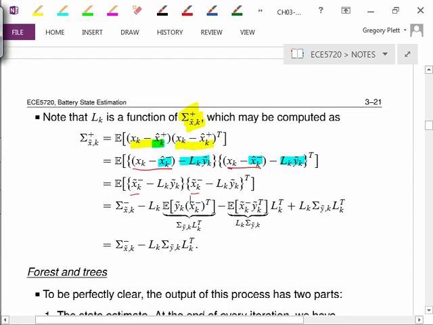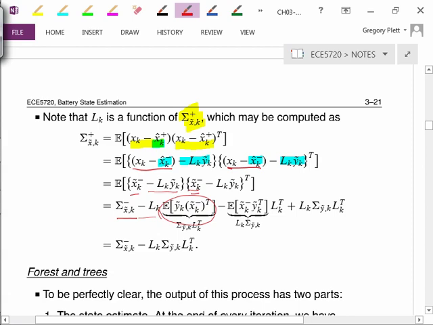And then we expand things out using FOIL. So the expected value of x tilde minus times x tilde minus transpose is sigma x minus. And then the expected value of L times y tilde times x tilde: L is a constant, so it's minus L times the expected value of y tilde times x tilde transpose, which I've just left alone.